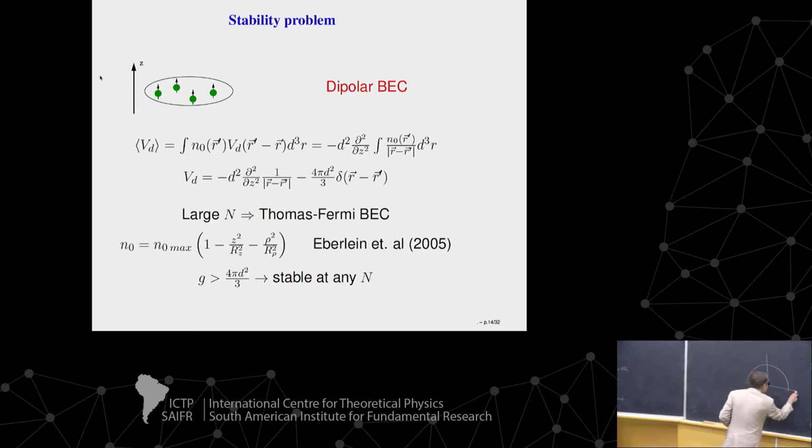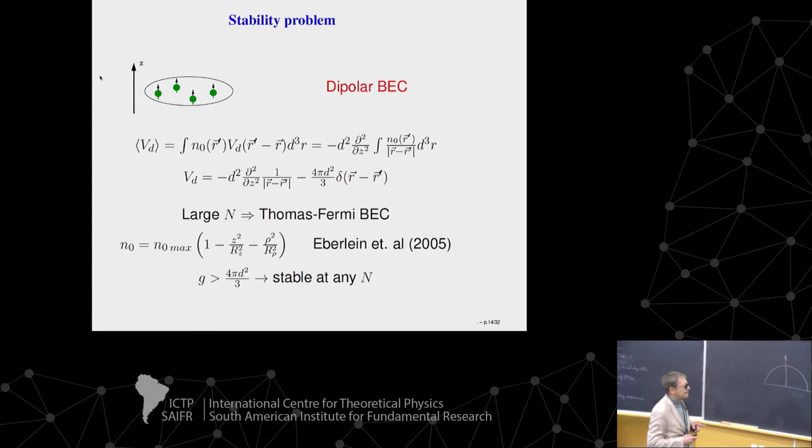Let me assume this form, and then depending on the trap, I have the radial size and the axial size. Substitute this into the Gross-Pitaevskii equation, and then find these parameters. And then I find the result. Now, when we know that this is correct, we can do things in this very simple way. That's what they have done.